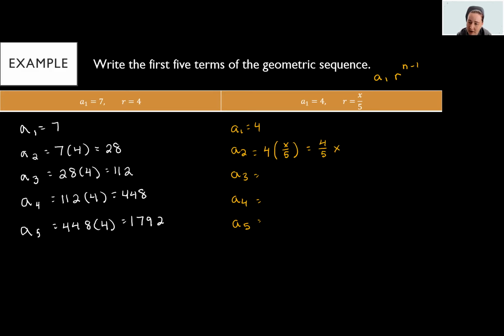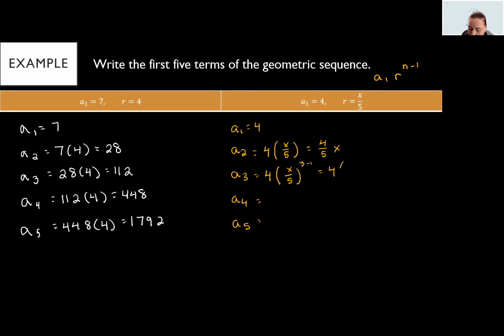For A3, you can take your 4/5 x, multiply by another x over 5, or we can use the formula, which would be A1 times your R, which is x over 5, to the n minus 1, 3 minus 1.